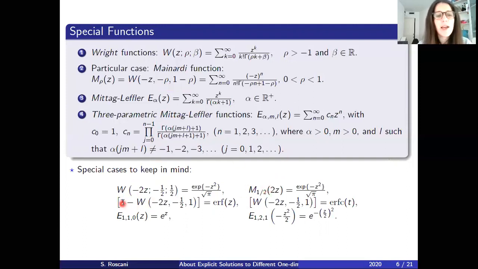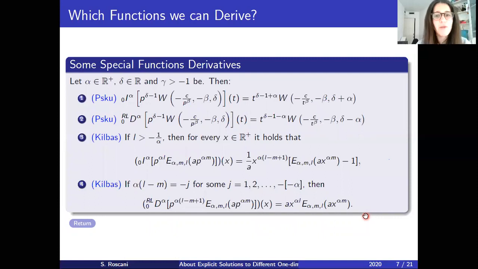And if I take the special case 1 minus this Wright function, where now the third parameter is different, as you see, I recover the error function. And of course, if I take the complement, I recover the complementary error function. Also, I can get the Gaussian with the three-parameter Mittag-Leffler function with these parameters, 1, 2, 1.